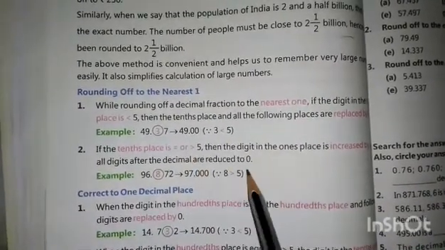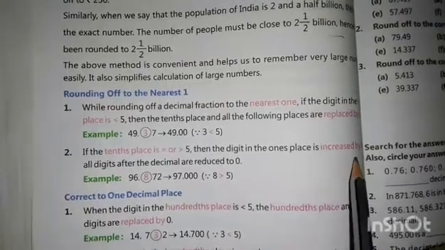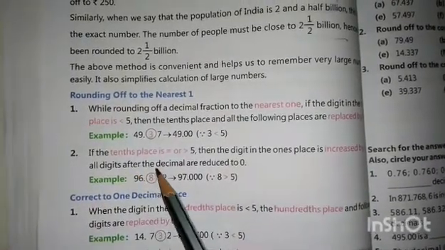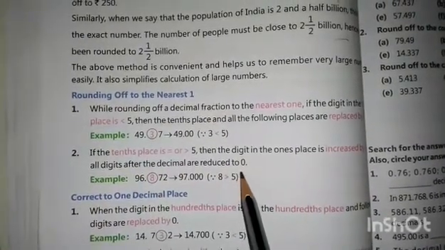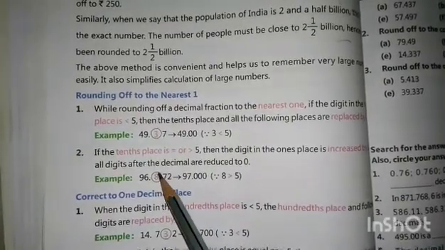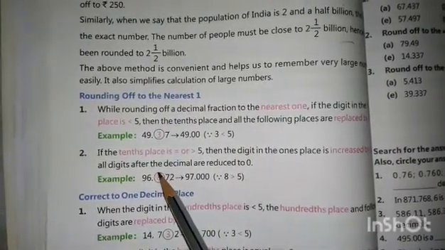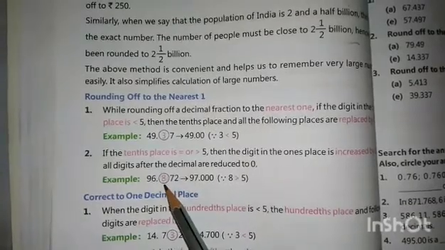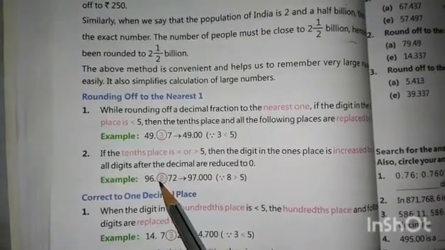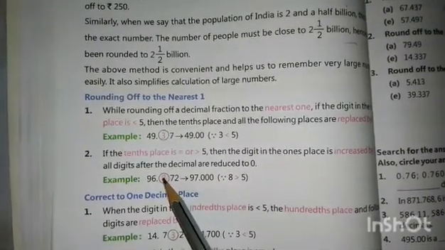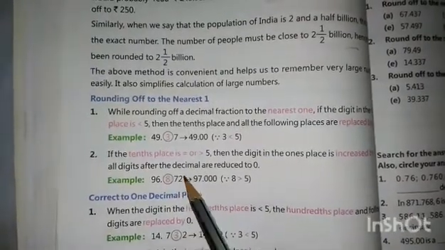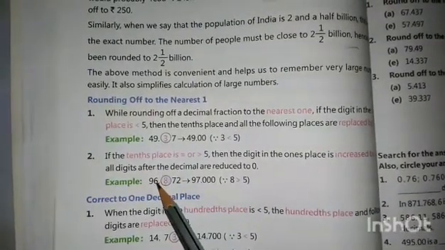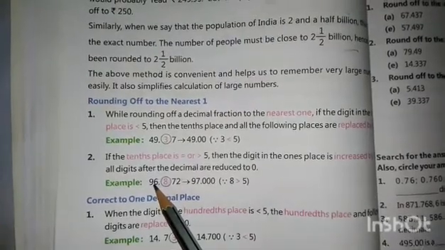Then, if the tenths place is equal to or greater than 5, then the digit in the ones place is increased by 1 and all digits after the decimal are reduced to 0. So if your digit is 5 or more than 5, then 0 on the tens place, 0 on the hundreds place, 0 on the thousands place, and the ones place increases by 1.